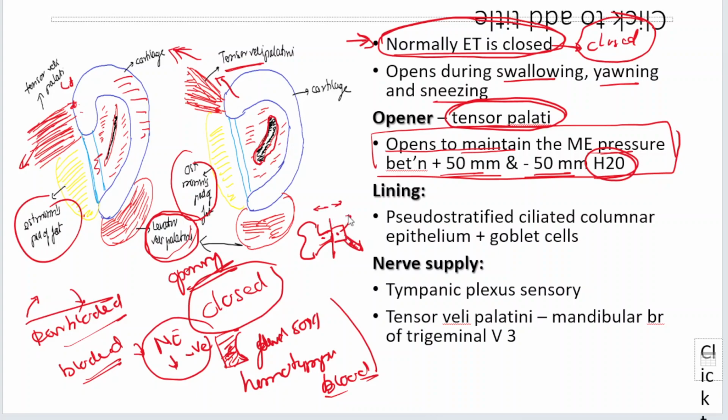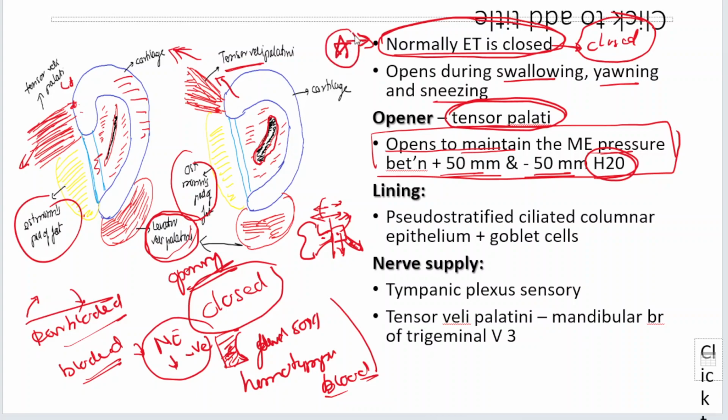If the middle ear pressure increases or decreases and is not on par with atmospheric pressure, there will be retraction or bulging of the tympanic membrane, both of which are not useful for proper vibration of the tympanic membrane. So that is the main function of the eustachian tube.